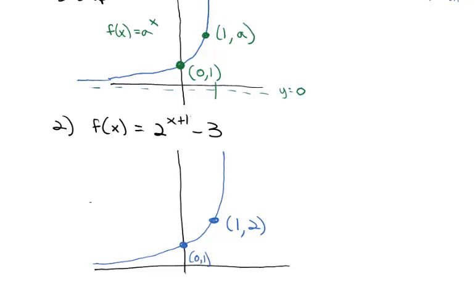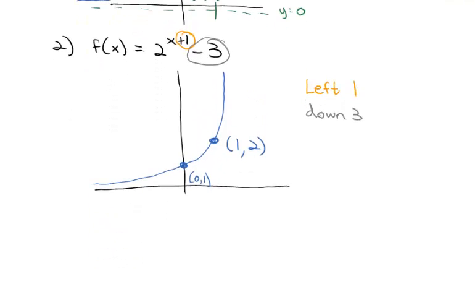But then what we'll see is we have a plus 1 in with the x. That's going to move the graph left 1 unit. We also have a minus 3. That's going to move the graph down 3 units.